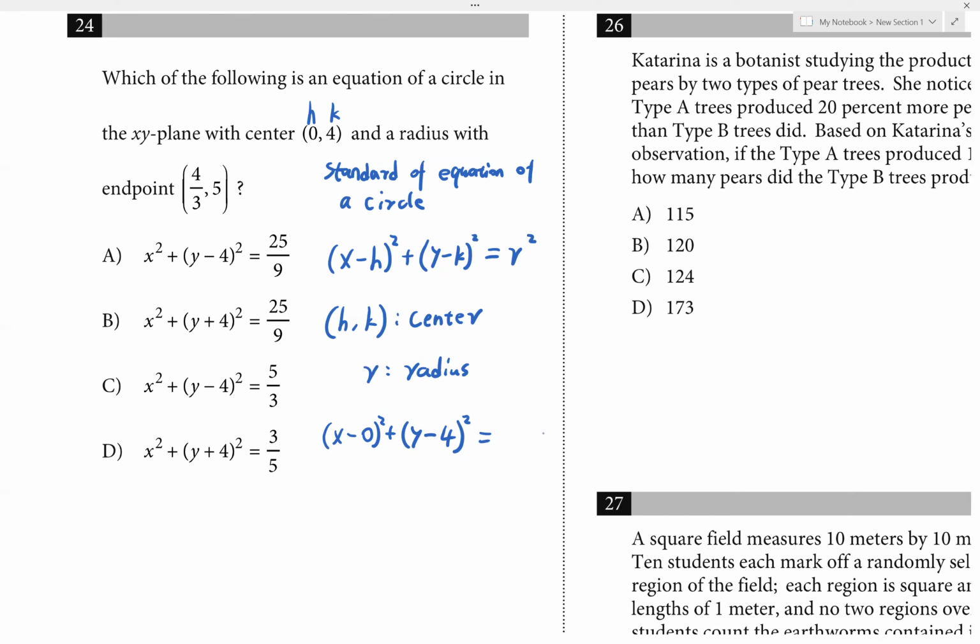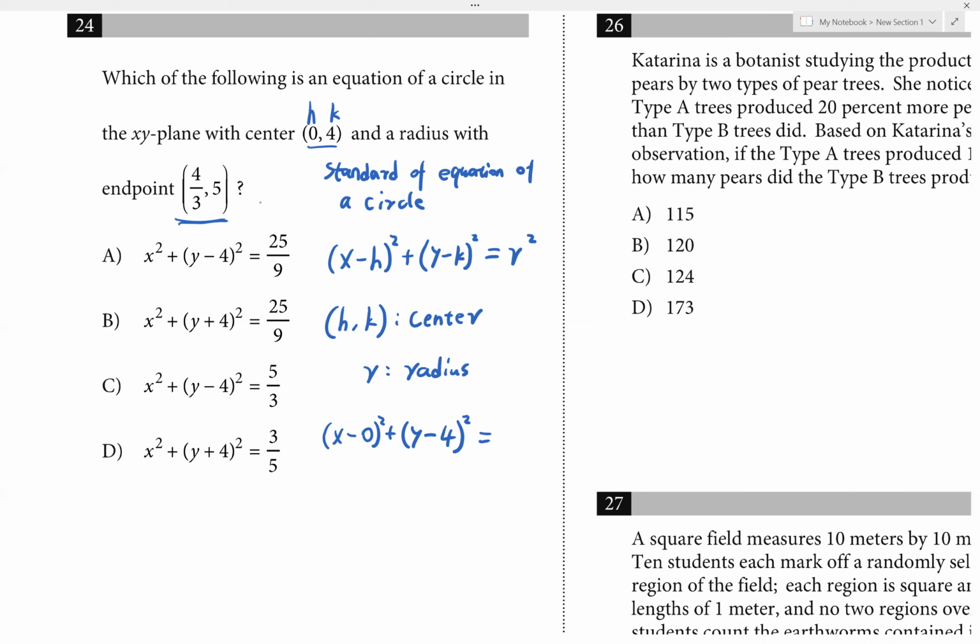But the tricky part is they didn't give us the radius. We don't know exactly what the radius is here. All we know is this point is an endpoint of the radius. So from the center 0, 4, this gives us another point on the other side to form the radius. If you don't know how long the radius is, how can we figure this out?